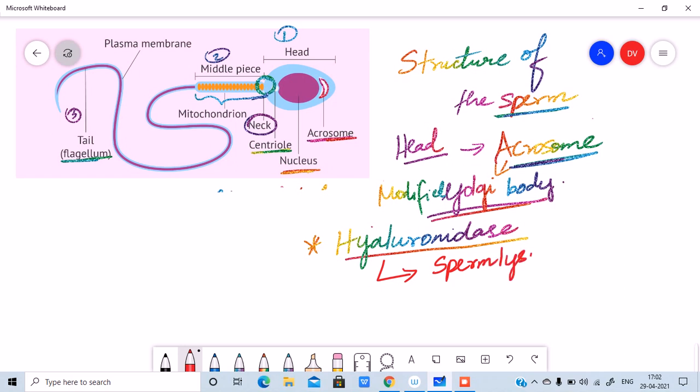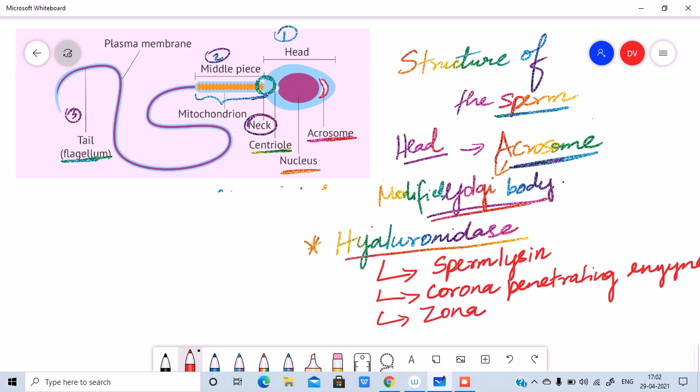It can also be known as the corona penetrating enzyme. So what is this corona penetrating? There is a layer called corona radiata surrounding the egg cell. So it penetrates that portion. So corona penetrating enzyme is another name. And it is also known as zona lysin.